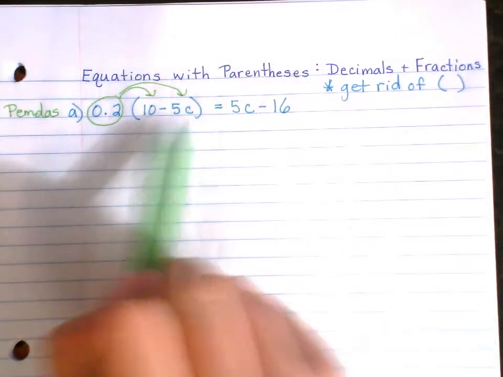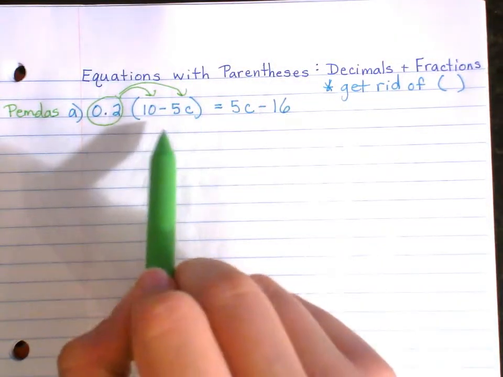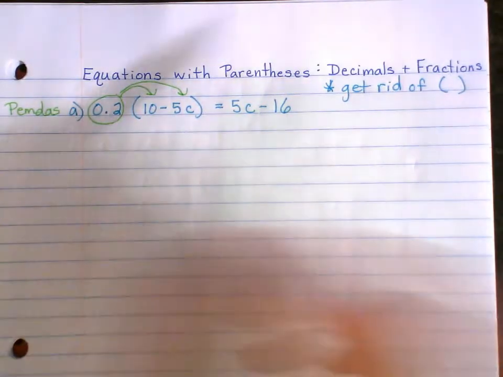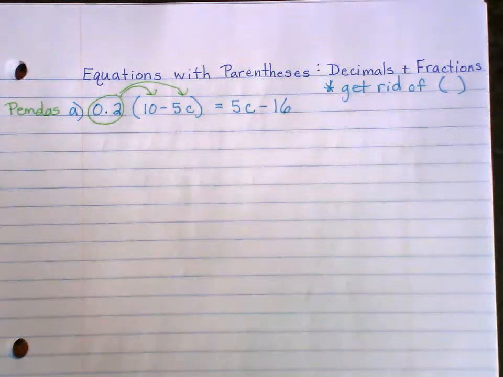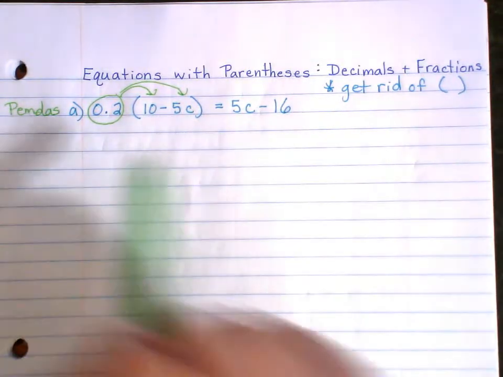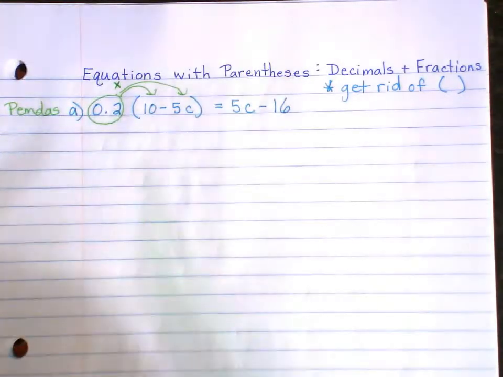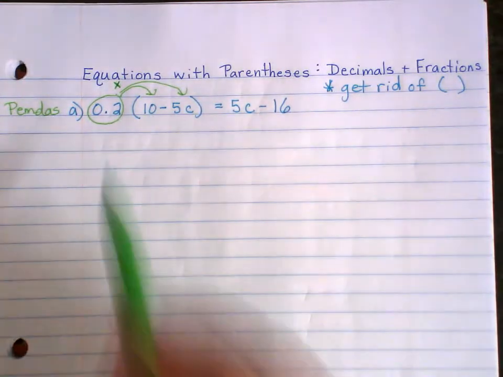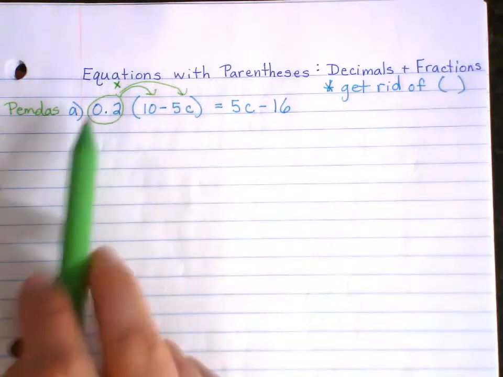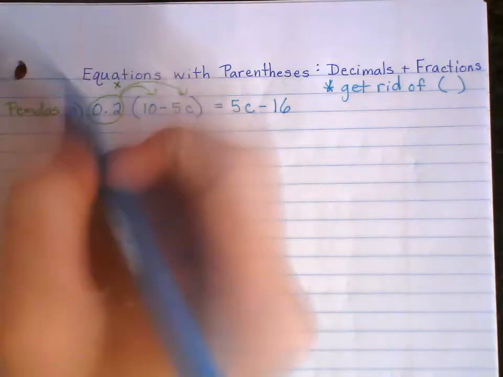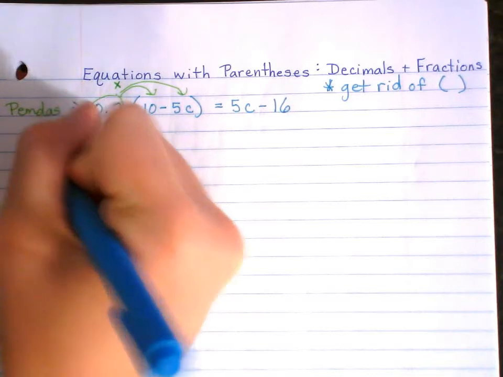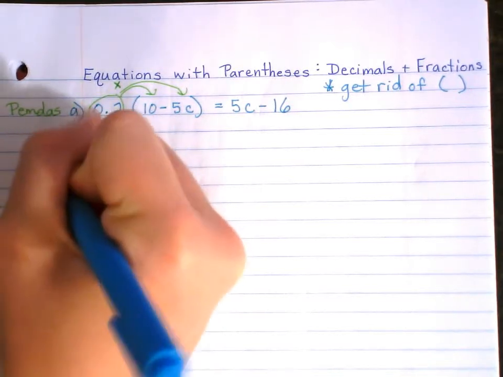Parentheses, can you combine 10 minus 5c? No. Exponents, everything has an exponent of 1, so we don't have to do anything. M, multiply, so that's where we're multiplying. So we're distributing. This is 0.2 throughout. You're going to rainbow it throughout. So 0.2 times 10.